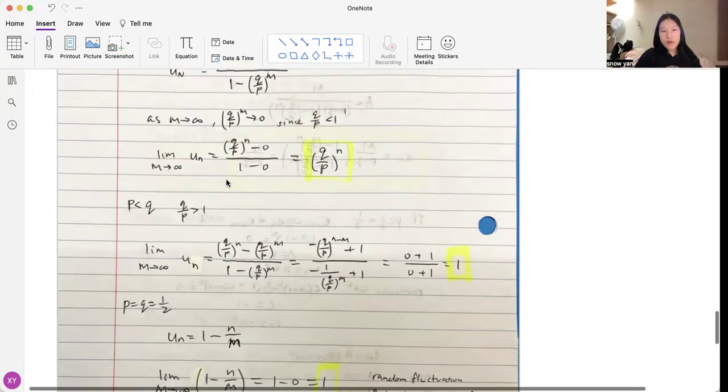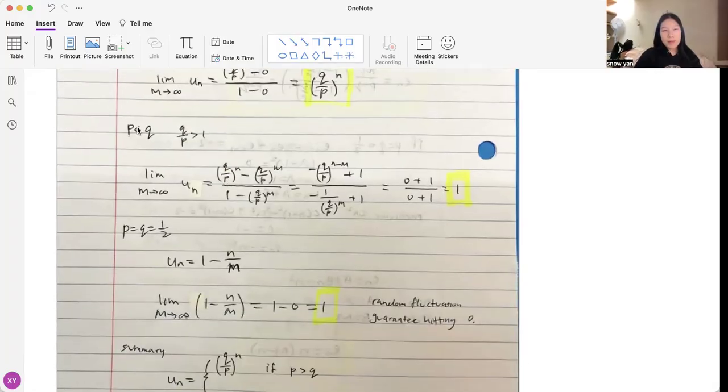It's pretty straightforward that if p is smaller than q, then q over p is greater than 1, so it's more likely that we're going to go down. Intuitively, we know we're going to go bankrupt at some point, because even if we go up, playing infinitely many times means we're going to go down at some point and hit the bottom, 0.